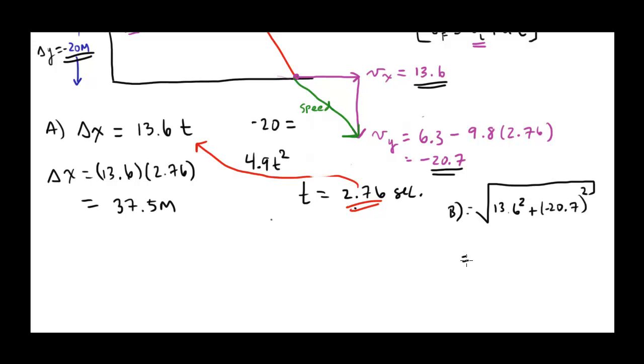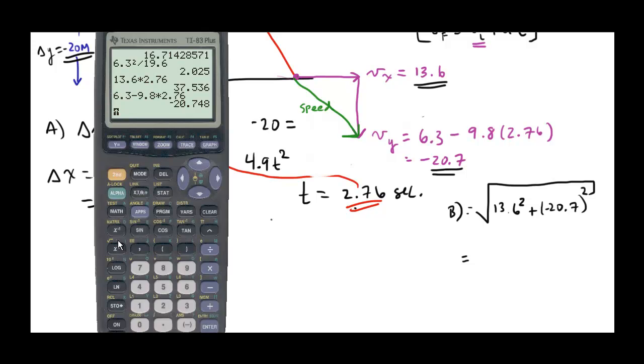So let's get my calculator back: square root of 13.6 squared plus negative 20.7 squared. Oops, I screwed something up there, didn't I?